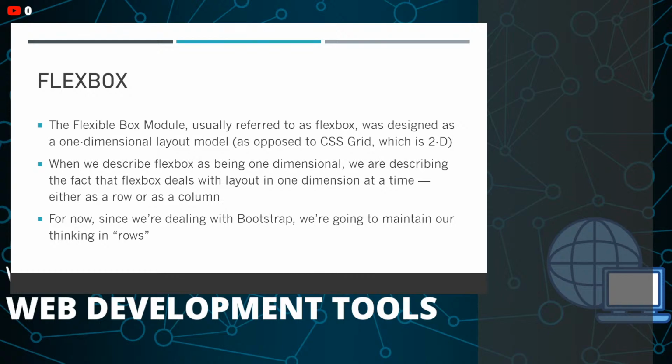With our flexible box model, our boxes can grow and shrink. Our boxes can wrap around to the next line. But we are looking at it from the frame of reference of rows. So we're laying out items by row on our website, which is pretty neat, that we can think about it that way.